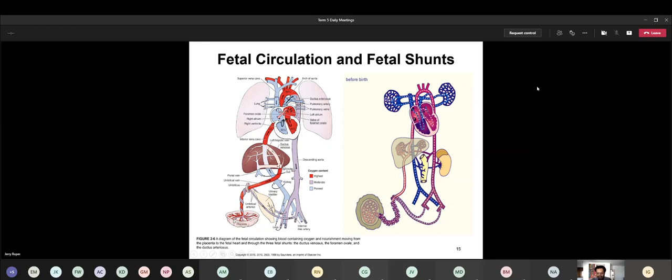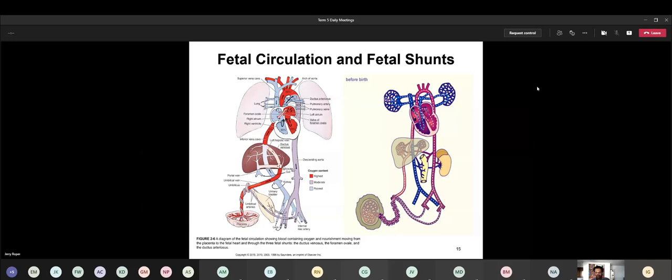Now, just to start back from the beginning again and trace our path here. As the oxygenated blood is leaving the belly button, the blood is going to have to find its way into the inferior vena cava.